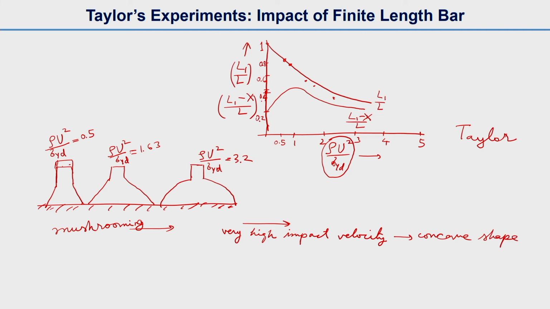Taylor's experiment is for a steel projectile or steel bar, and for steel this value 0.5 corresponds to an impact velocity of around 250 meters per second. So, you can imagine how fast it will be for the other cases.